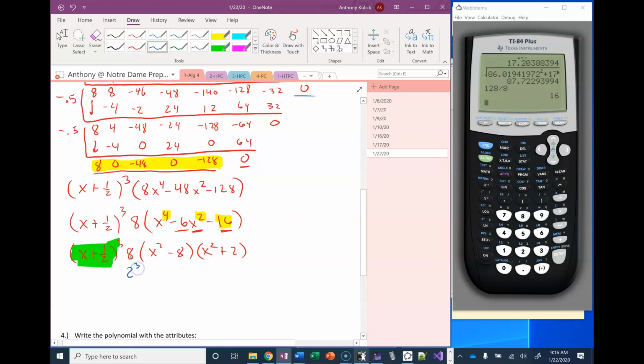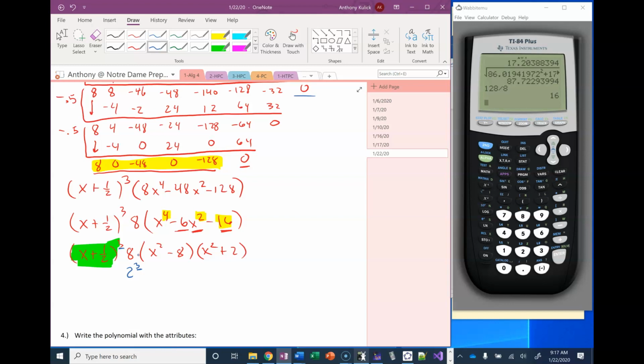8 is really 2 to the third. Everybody agree with that? Because these exponents are the same, I can distribute the 2 in without having to deal with the exponent. If the exponents are different, you can't multiply them together. But if the exponents are the same, you can multiply them.